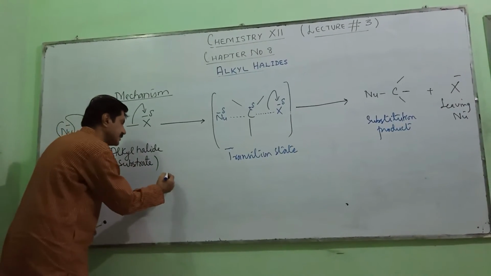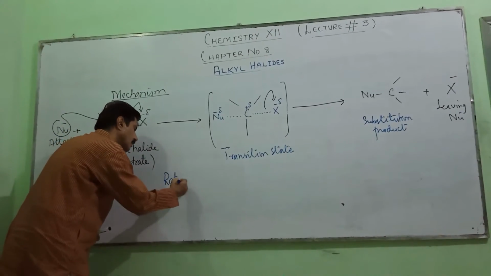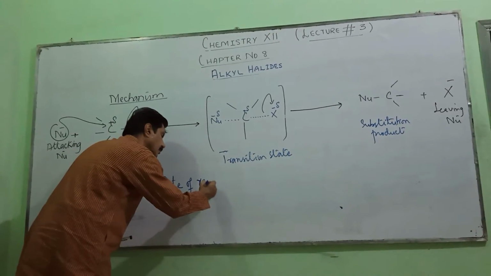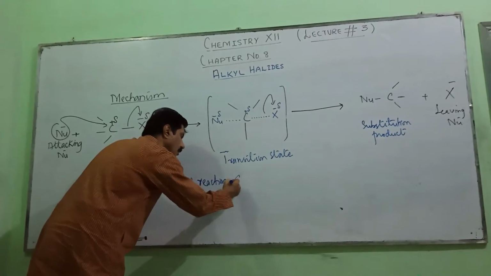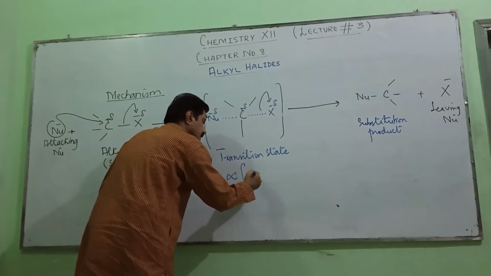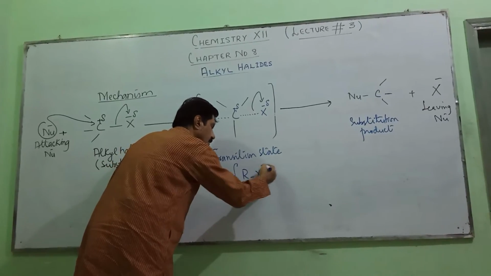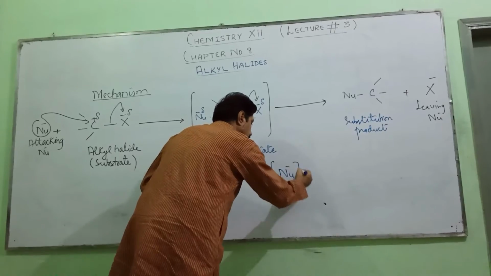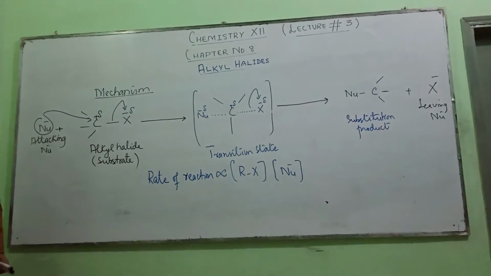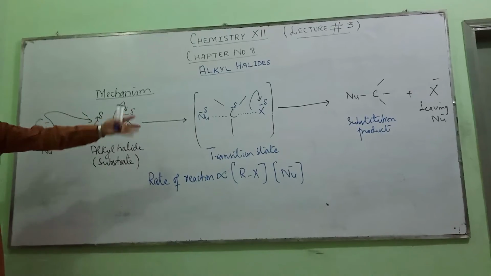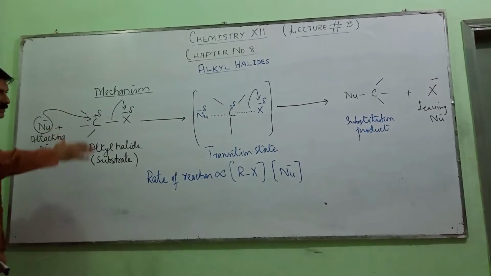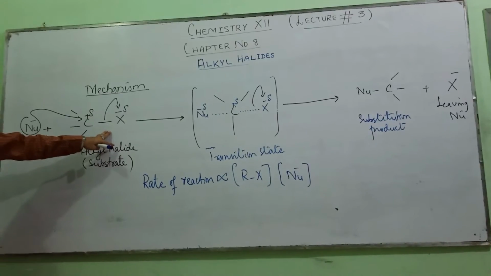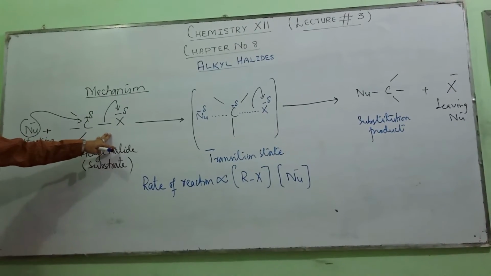So I must say here that the rate of SN2 reactions is directly proportional to the concentration of substrate as well as the concentration of attacking nucleophile, and this is in fact the rate determining step and the slow step, because both molecules are playing their role simultaneously in the reaction.